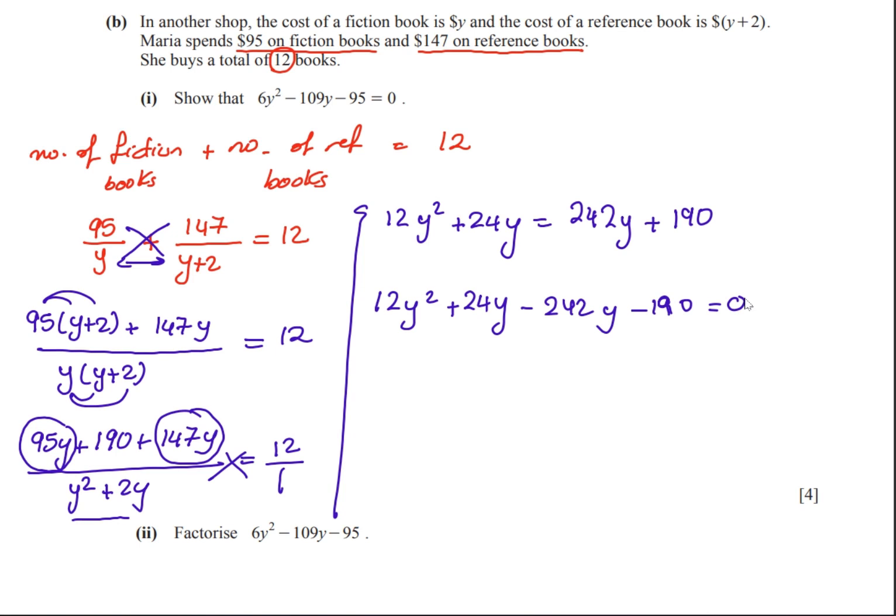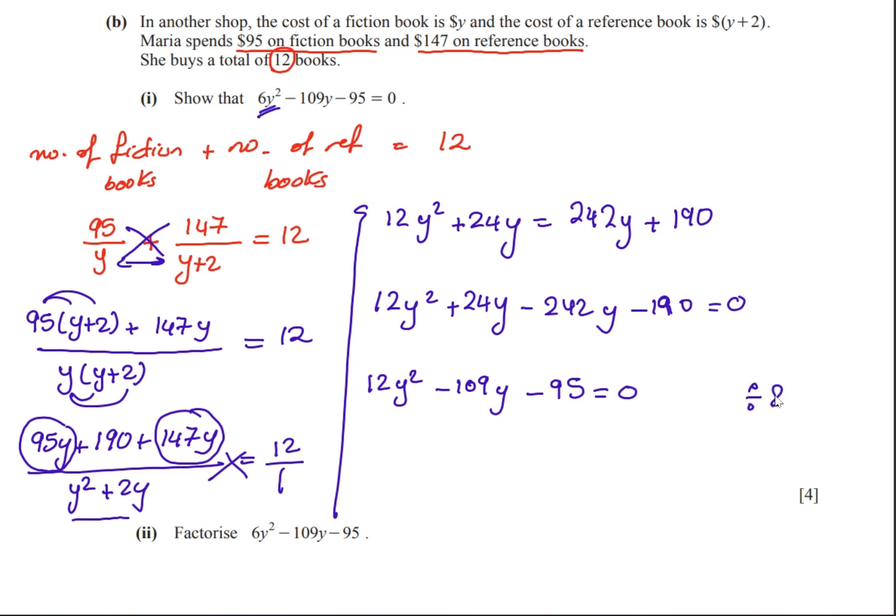Then I can simplify it more. So 12y squared, 24 minus 242 will give me negative 218y minus 190 equals 0. But I can see in the question it starts with 6y squared.